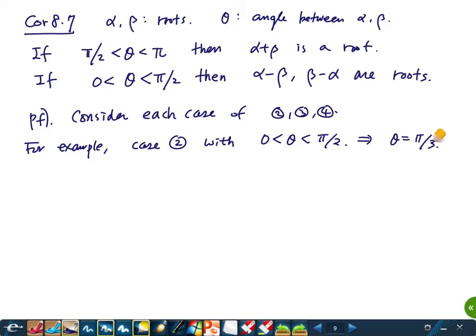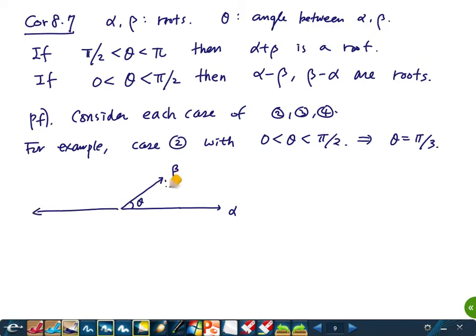So in this case, we just draw this. Let me draw, let's say this is beta. I'm not sure this is very accurate, it's a little smaller than the actual theta, but you know the point.